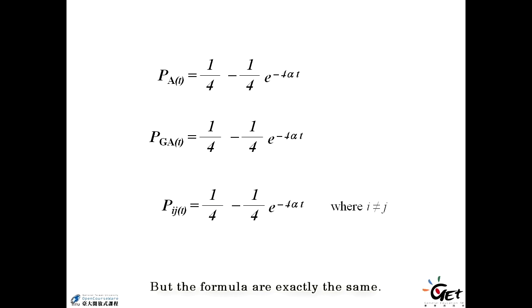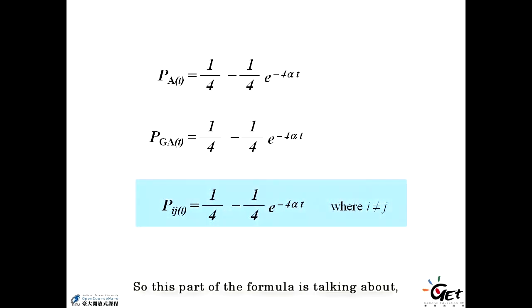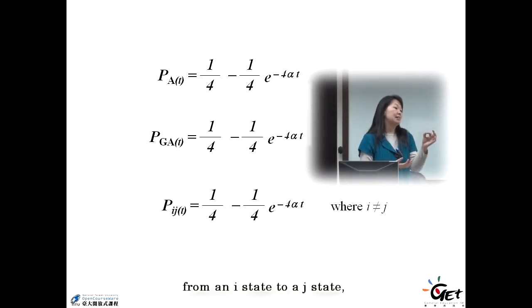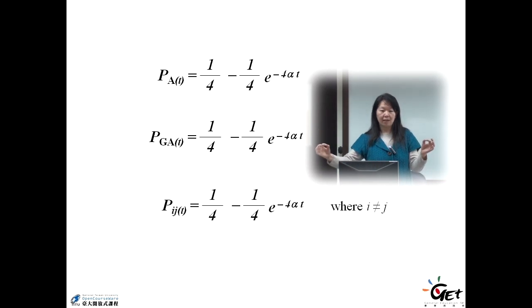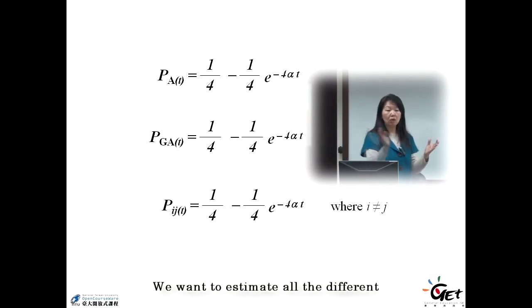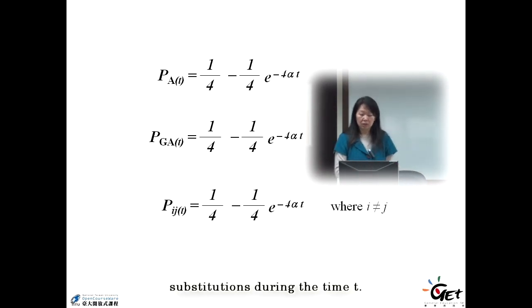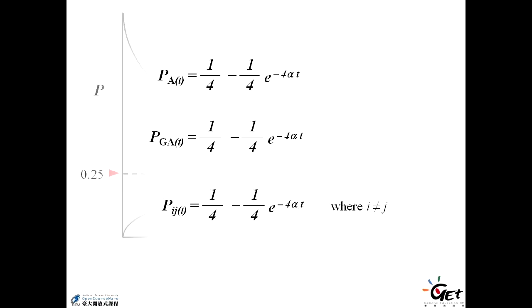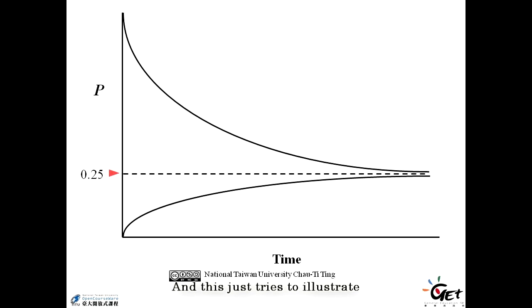But the formulas are exactly the same. So this part of the formula talks about going from an I state to a J state and what happens in the middle. We want to estimate all the different substitutions during the time t. And this just tries to illustrate all the probabilities.